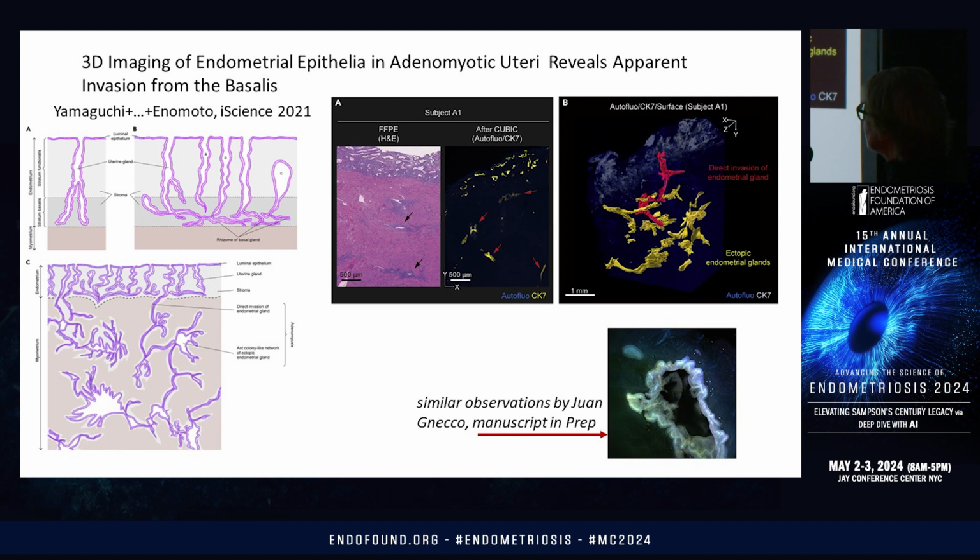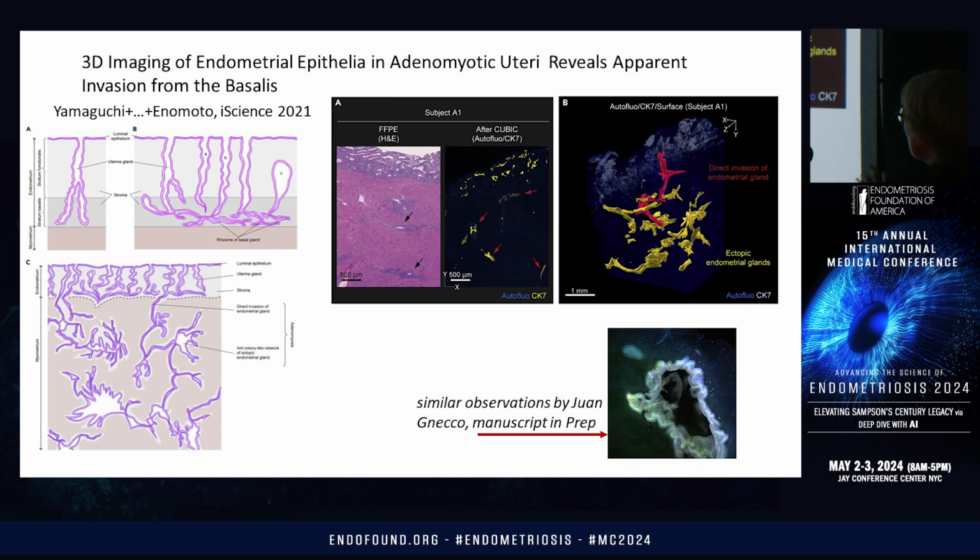And in doing this, and this is a reference FFPE H&E section, they can map where the epithelia are. So this is showing the invasion of an endometrial gland into the myometrium. So this is the invasion here, and this is the presence of ectopic endometrial gland structures within the myometrium.